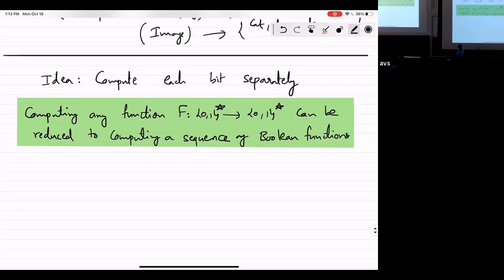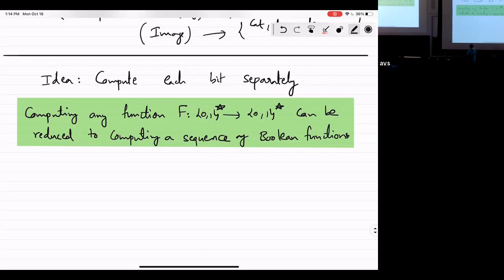Okay. Suppose I ask you to compute this arbitrary function f, where the number of output bits can also grow with the input bits, right? If I think of addition, add of x comma y, the length of the output depends on how long your input is. Okay.